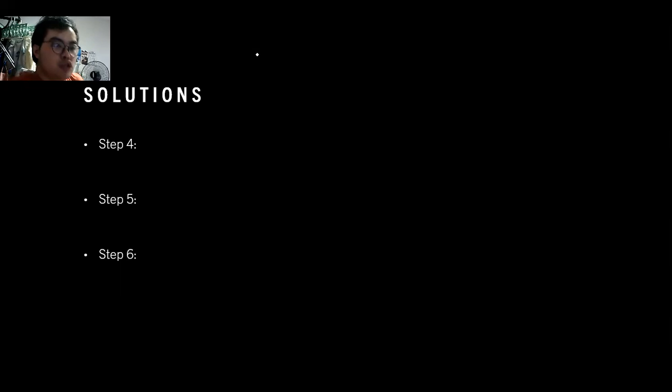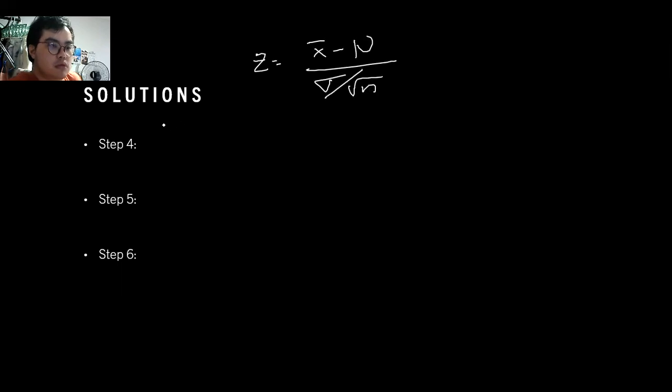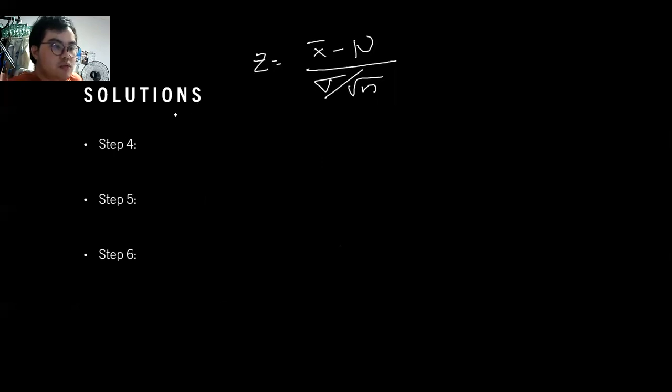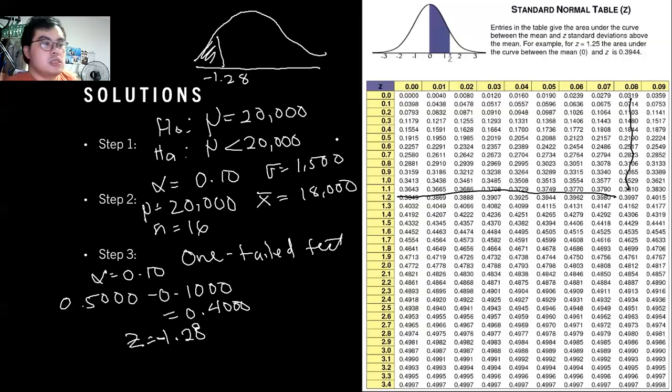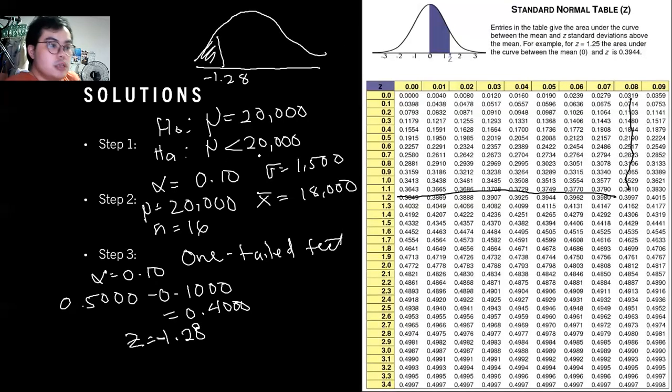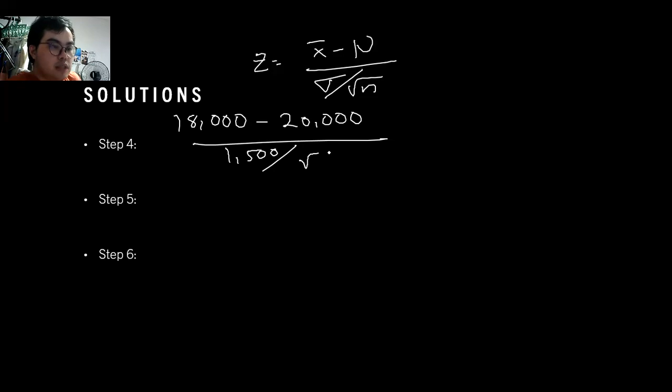Okay, so now we're going to solve. Okie dokie. So, yung sample mean niya is 18,000 minus 20,000. So, yung standard deviation niya is 1,500 divided by square root of 16.